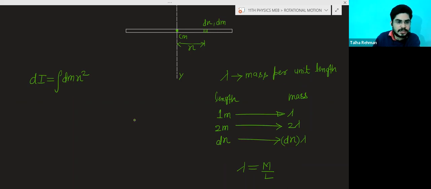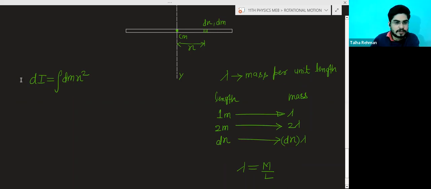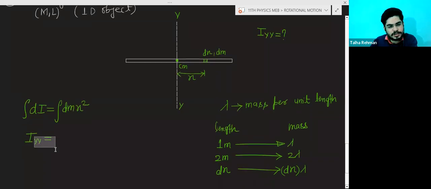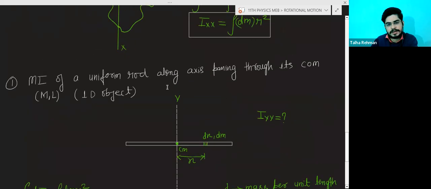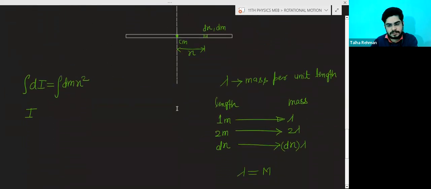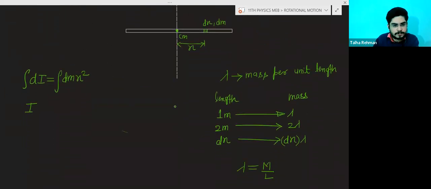So we can just integrate both sides. So here we will get the moment of inertia about the y axis, or you can simply write the moment of inertia I. There is no requirement of this y and all that, because the axis can change. We will change the axis also, but you have to remember the axis is passing through the center of mass and perpendicular to the rod.